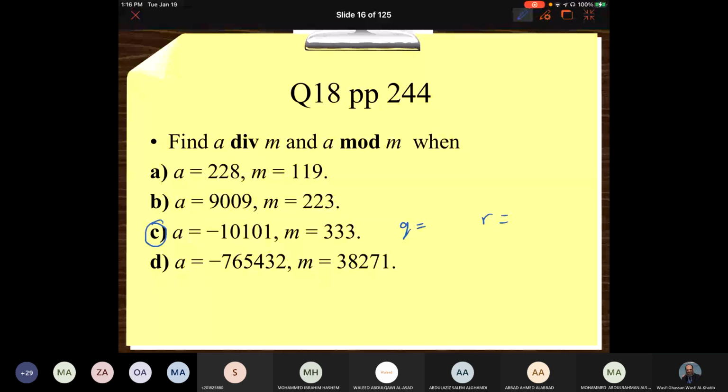So what do we do in this case? What I will do to solve this is, let me find 10101 and divide it by 333. I will get a number, and then I will reduce it by 1.